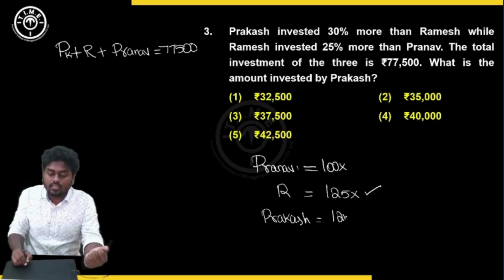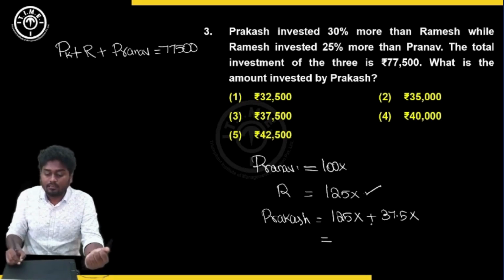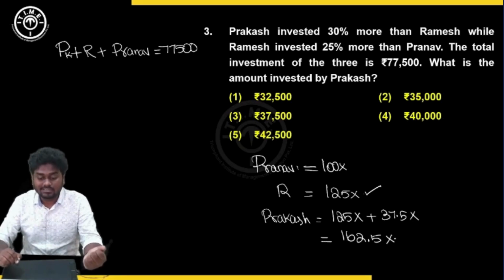So we add 37.5x to 125x, and when we add this we get 162.5x. This is the amount Prakash has invested.